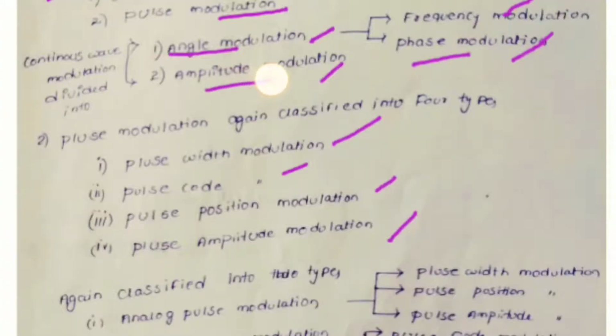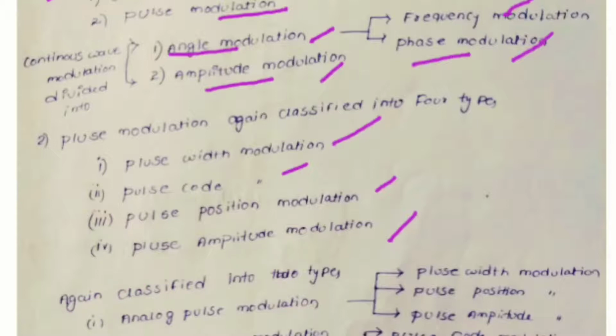Coming to pulse modulation techniques, there are many ways to control them. One is the pulse width modulation technique, the PWM technique we are using in inverters. Then pulse code modulation, pulse position modulation, pulse amplitude modulation. These are classified into analog pulse modulation and digital pulse modulation.